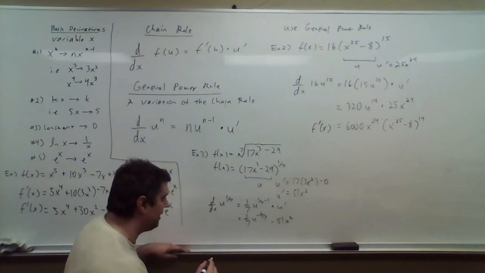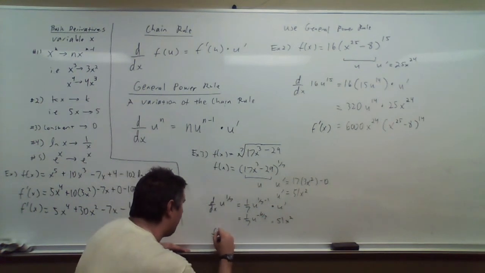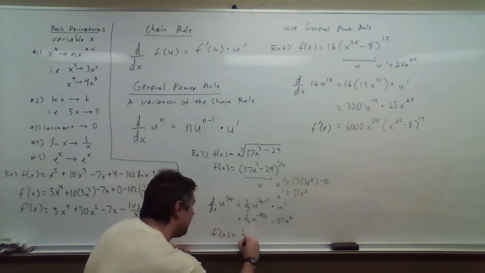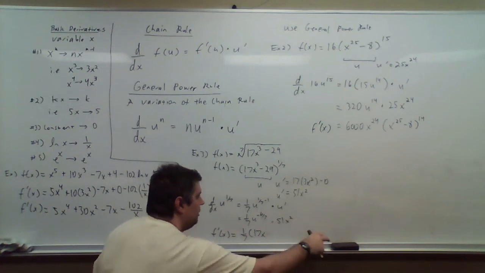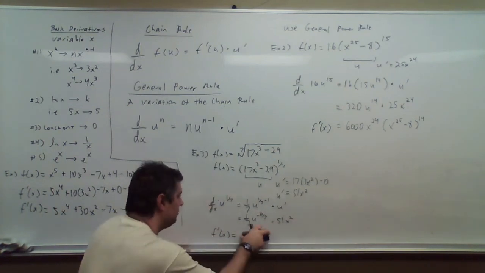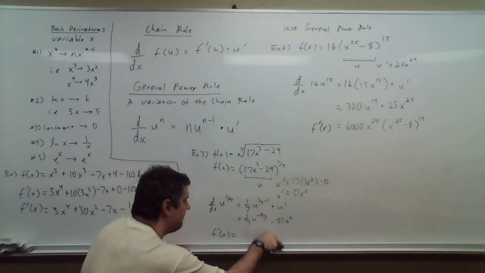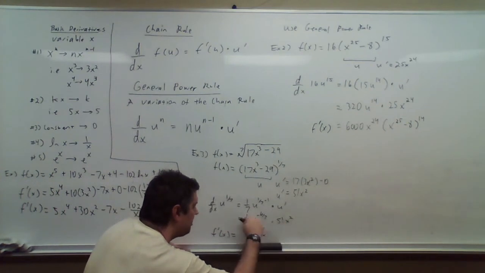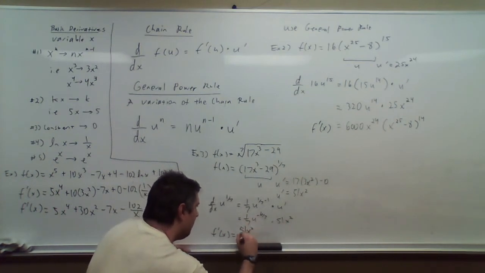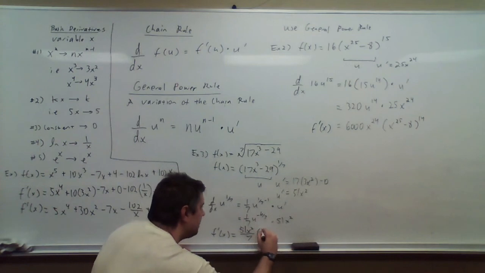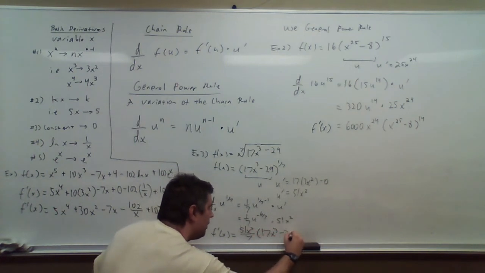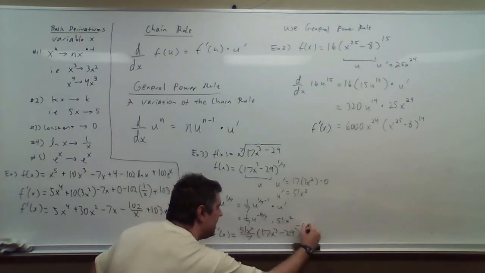I'm going to make this more concise. 51x squared times 1 over 7 is 51x squared over 7. I'm going to replace u with 17x cubed minus 29, and it's got to be the negative 6/7 power.